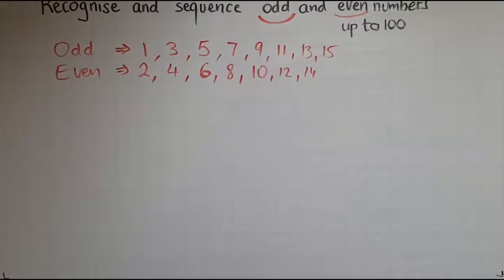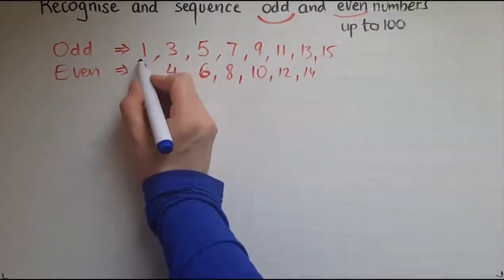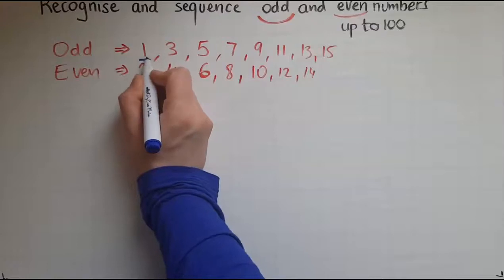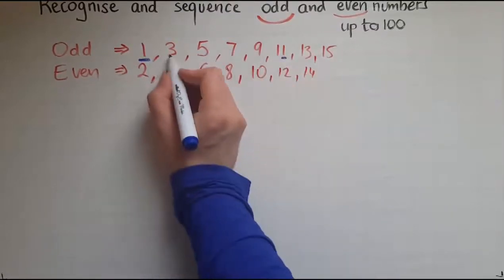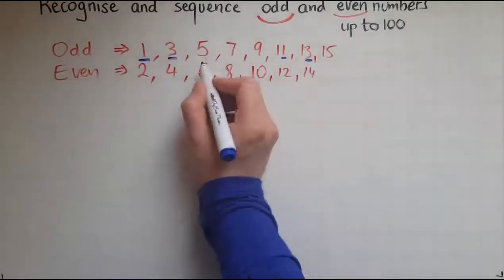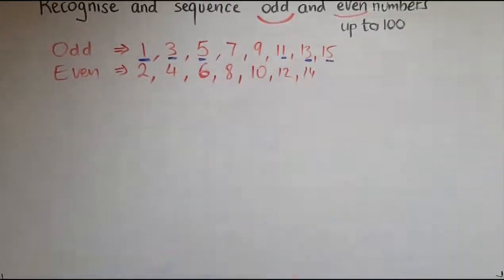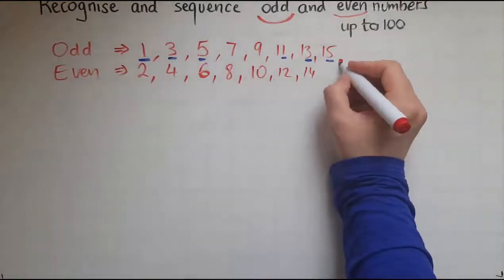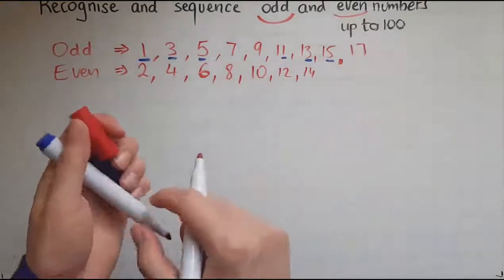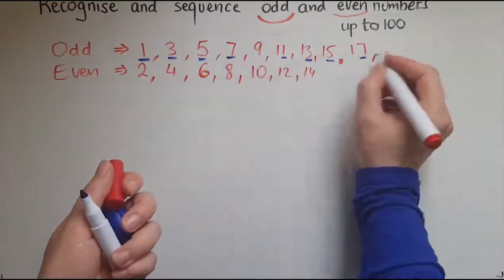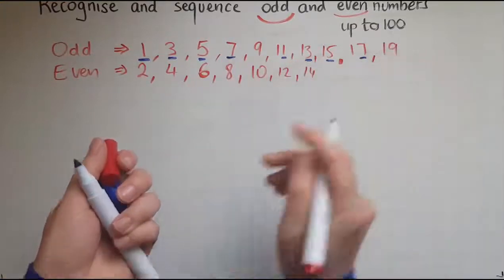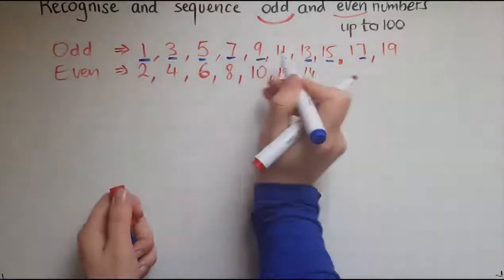If you look at the numbers, the odd numbers, 1, 11, 3, 13, 5, 15, 7, 17, 9, 19.